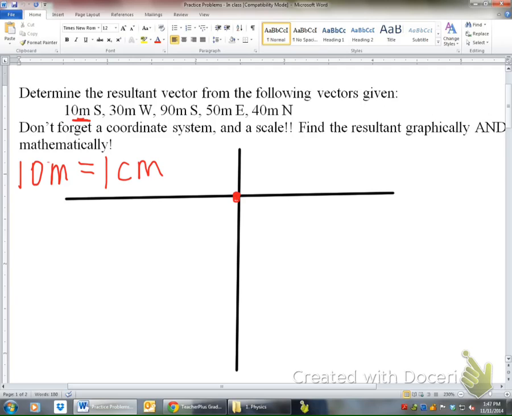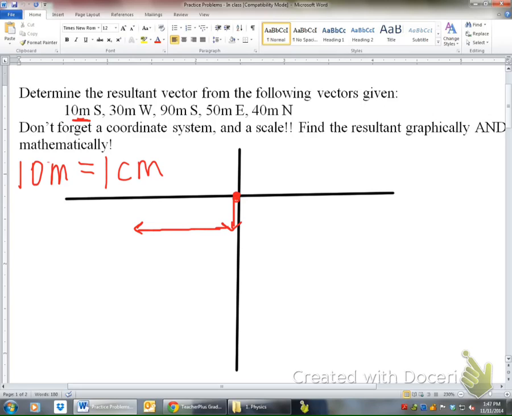Mine's not going to be really exact because it's a little hard to do this on the iPad, but I'm going to try. And then you measure from point A to the final point. Exactly.